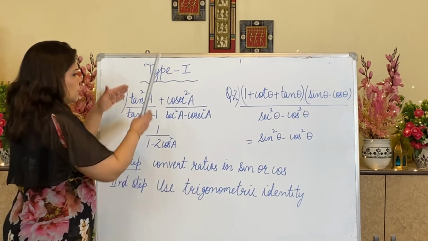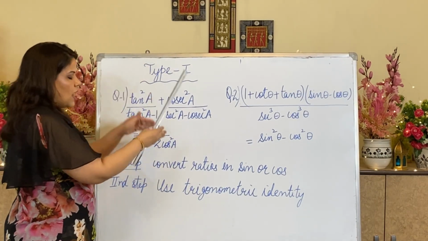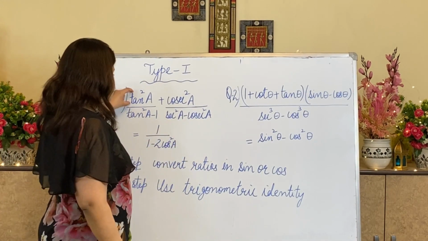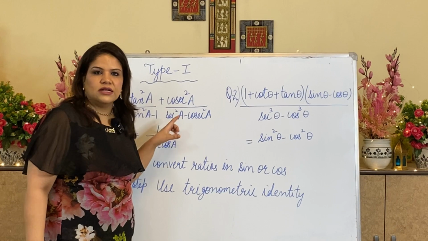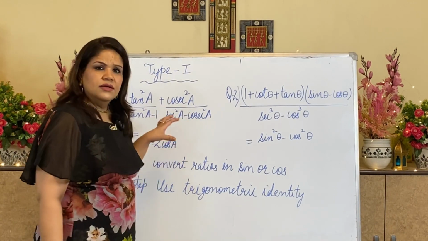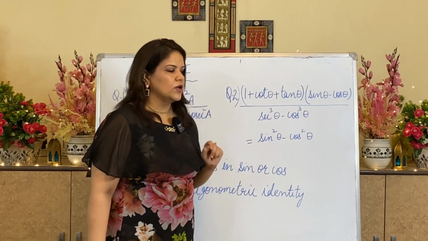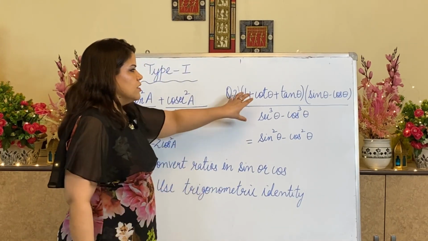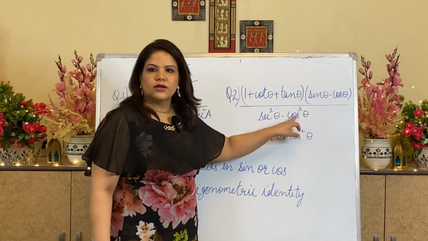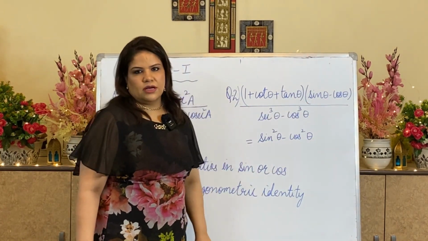So that means from left hand side I need to approach to the right hand side by converting this tan, cosecant and secant in terms of sine or cos. The same way in this type of question, you can see that we have cot theta, tan theta, secant theta and cos theta, sin theta and cos theta.